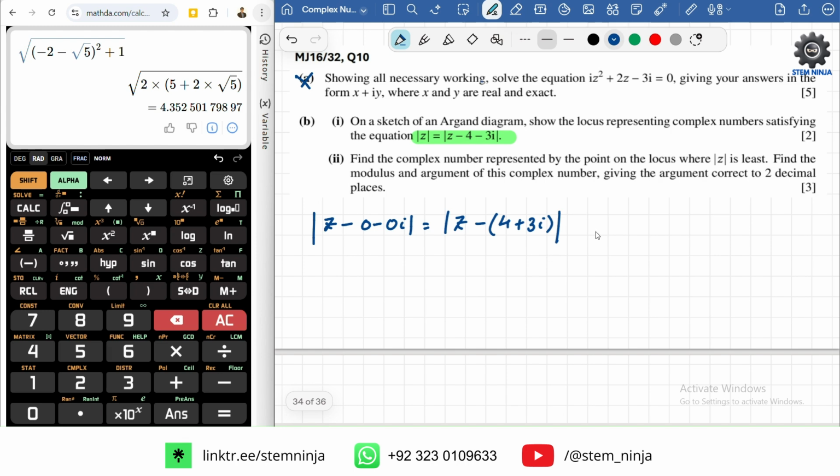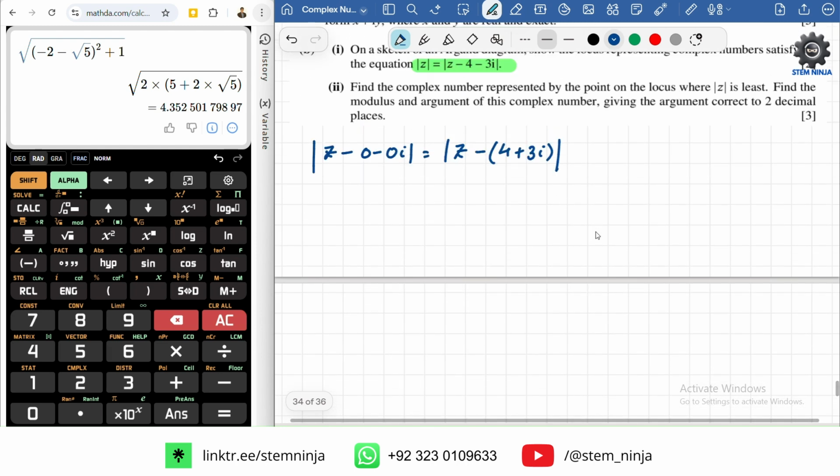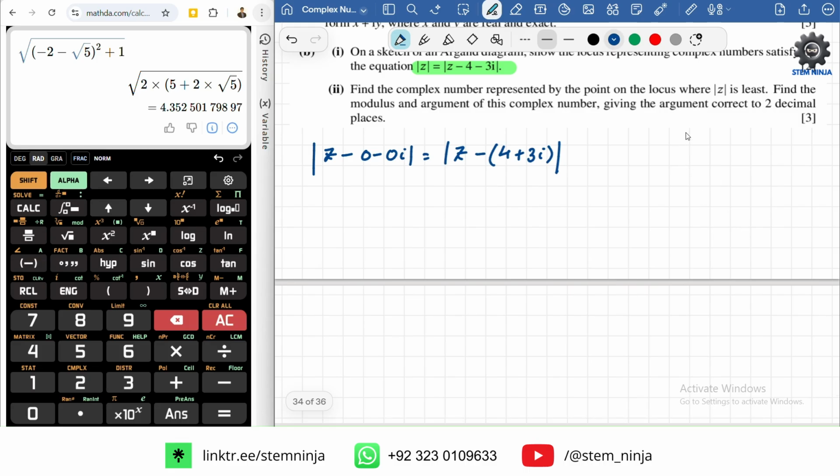So we know that, and we'll have to sketch it also. So if we just gently sketch this, this is your (0, 0), and (4, 3) somewhere over here.